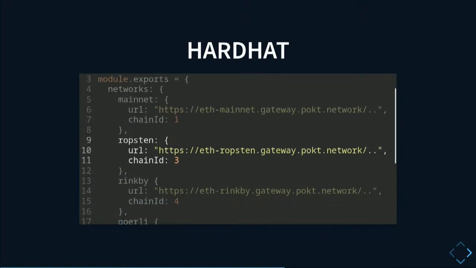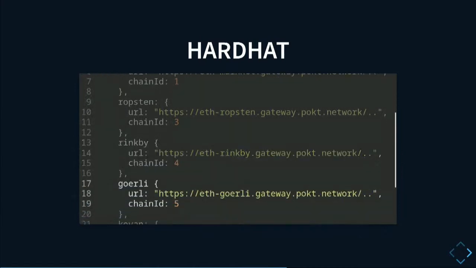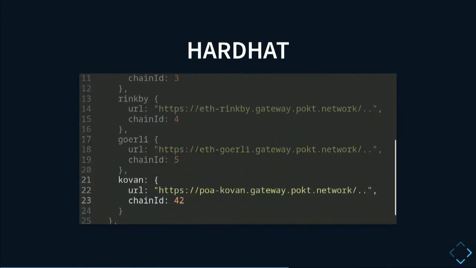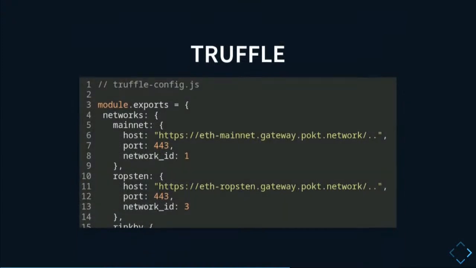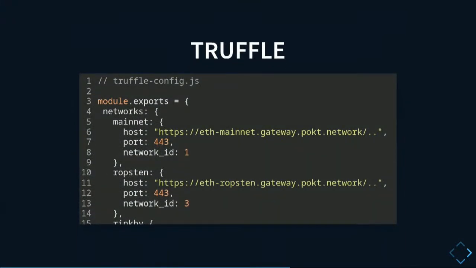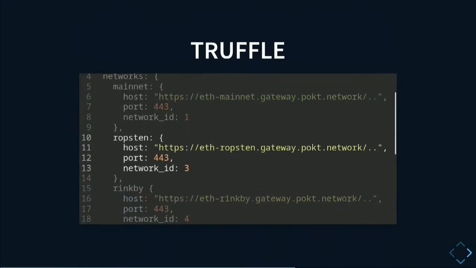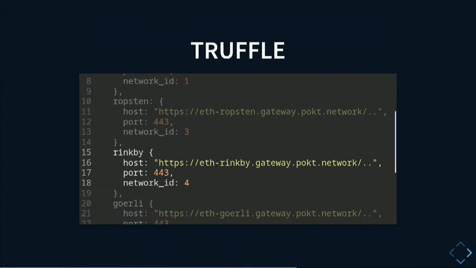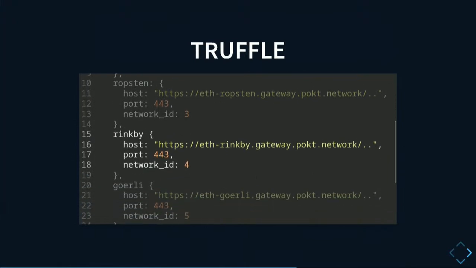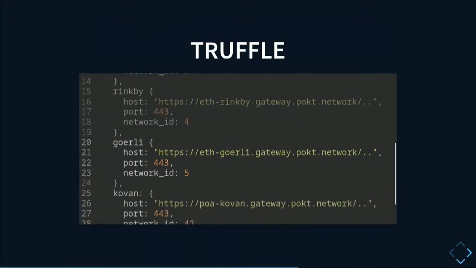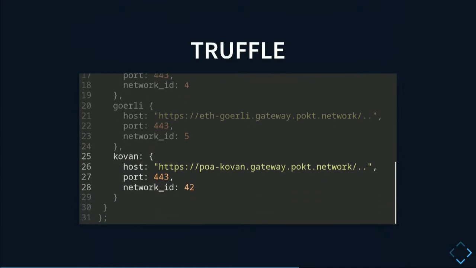We have Ropsten, and Rinkeby, and Goerli, and Kovan. And Truffle looks very similar. What you're doing is plopping the URL in where you would previously plop something else in, and you're good to start deploying in your build environments across testnets and mainnet with Pocket Network instead of any centralized option.